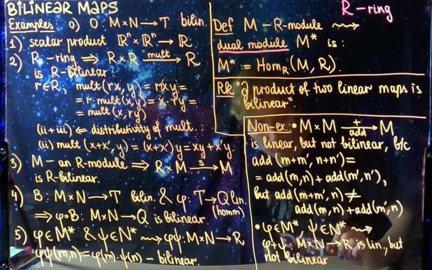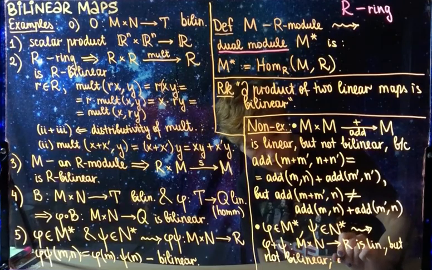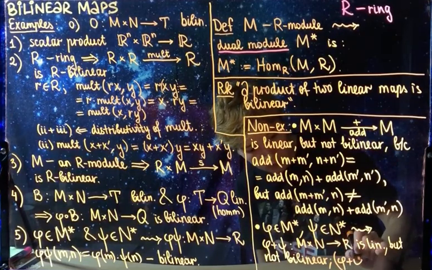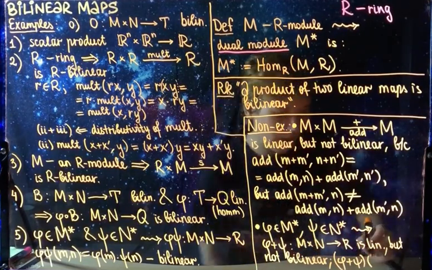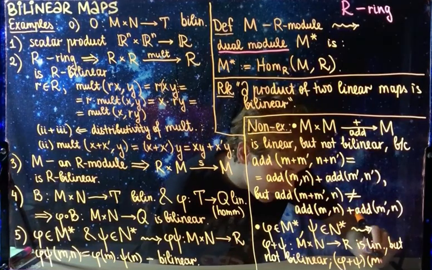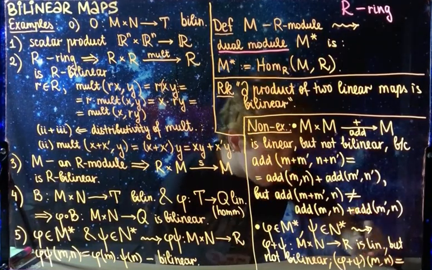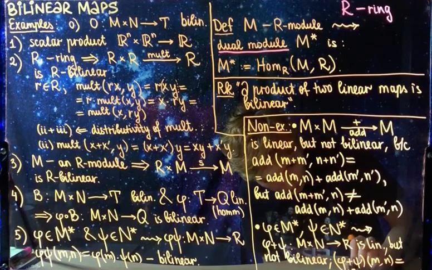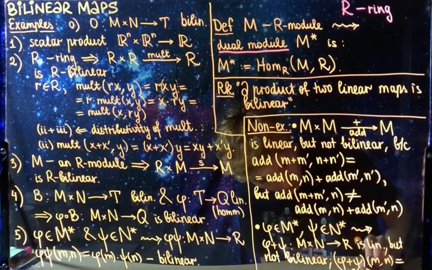And the sum is defined as you expect it to be. So phi plus psi applied to m comma n is equal to the sum of phi of m and psi of n.